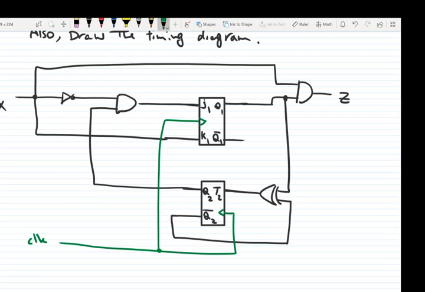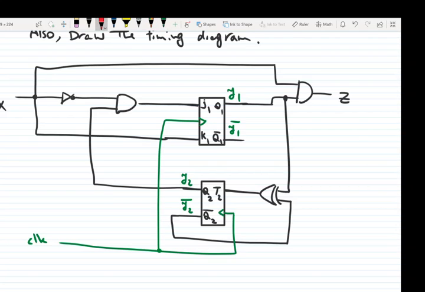First, we say Q1 is Y1, Q1 bar is Y1 bar, the current state, Q2 is Y2, and Q2 bar is Y2 bar.